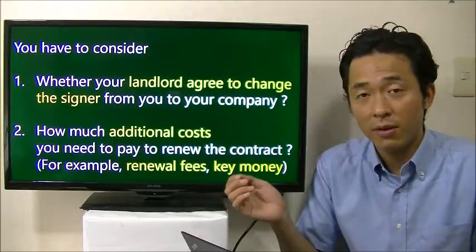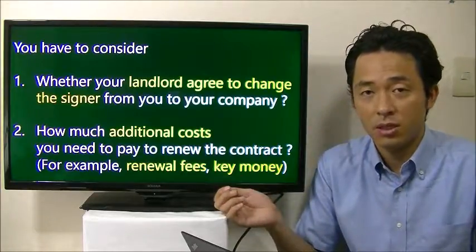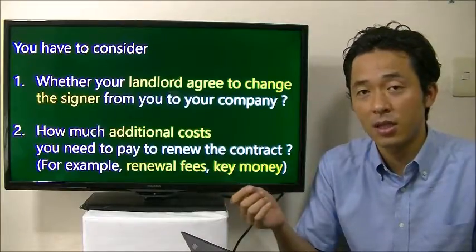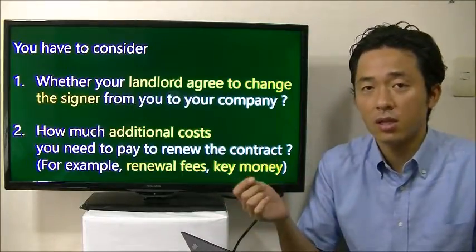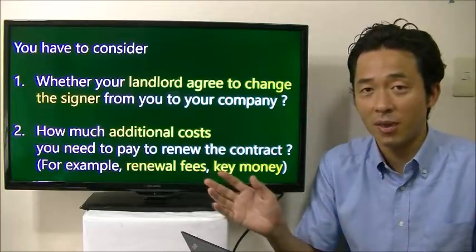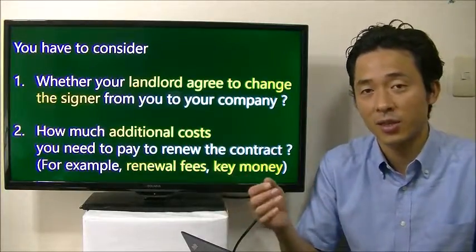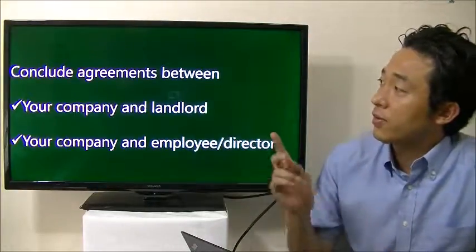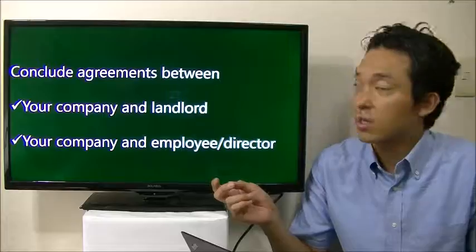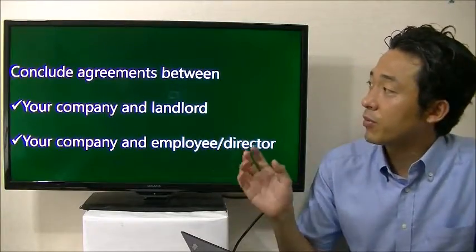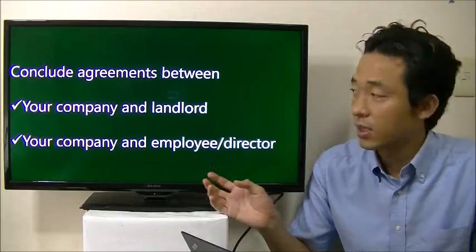So you have to think about these costs, and if you think it's worth changing to company housing, please go ahead. But I recommend you talk with a tax accountant. And if you change the contract when you apply the company housing scheme, please conclude two agreements.